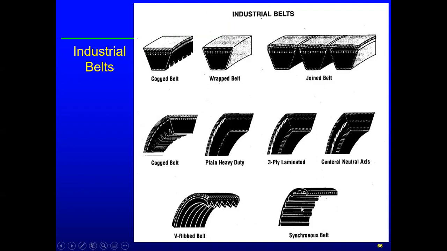And of course, the synchronous. On the synchronous or timing type belts, there's good and bad. They're efficient. Some people report them to be noisy. I've been in plants that had them and said, we can't tell the difference. I've been in other plants that took them out because they were noisy.